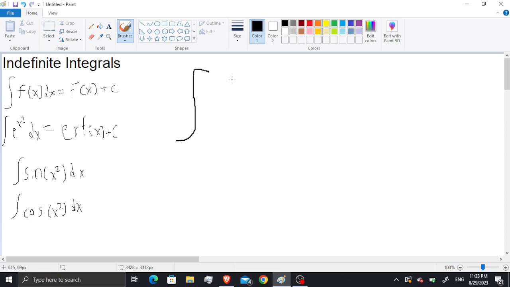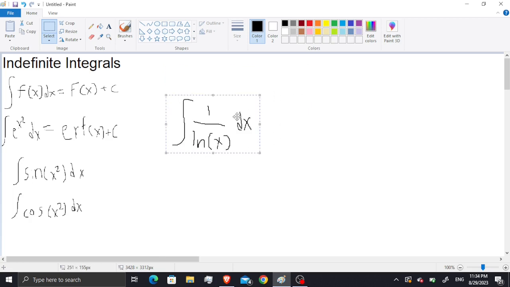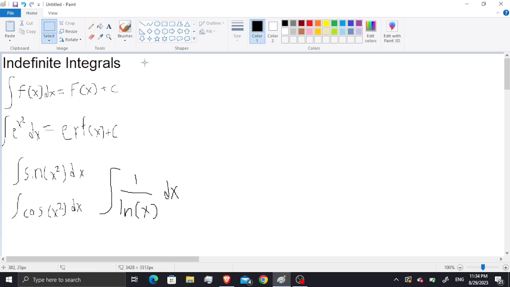You can have the indefinite integral of 1 over log natural x dx. I also don't remember what this one evaluates to, sadly, but again, all you gotta do is ask your friends in Calc 2 to solve this, and, you know, they'll probably try solving it, right?